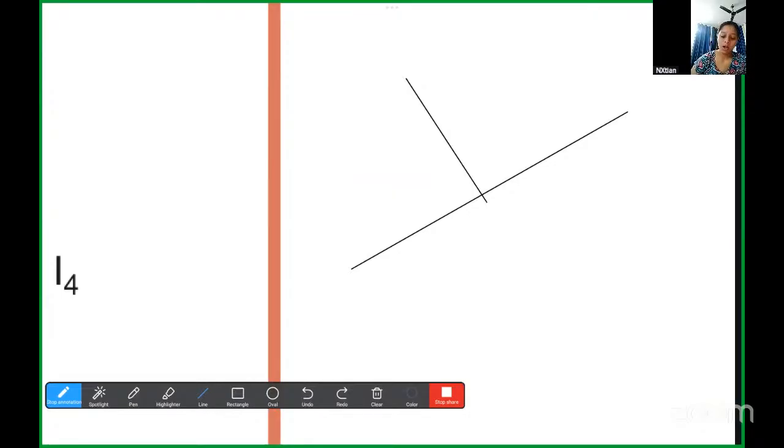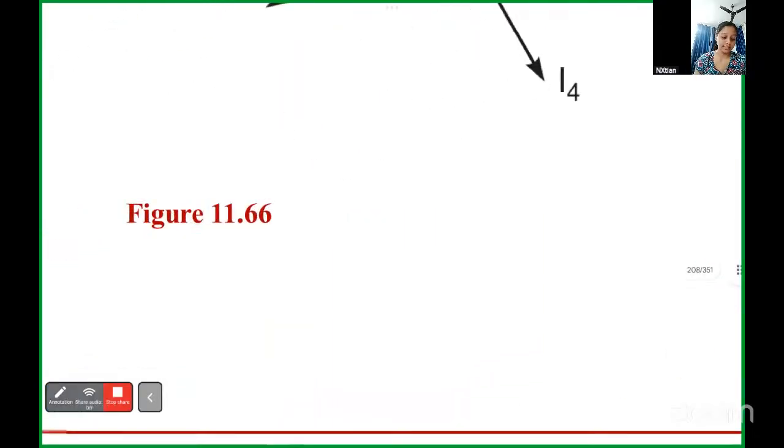And it can pass through like that, 90. Understood? Basically all angles should be right angles. Perpendicular is always 90 degree. Perpendicular lines are always equal to 90 degree.